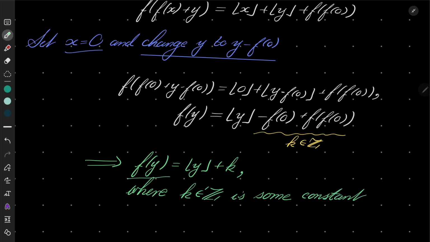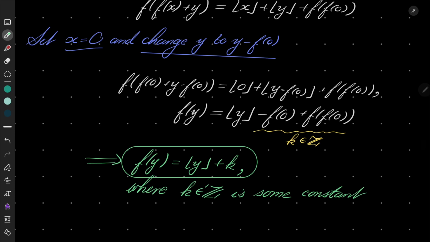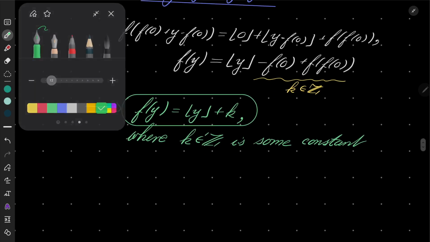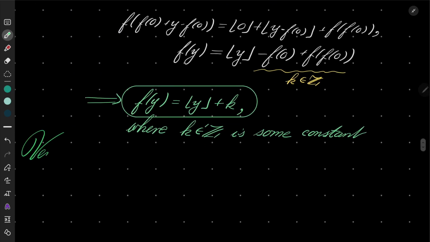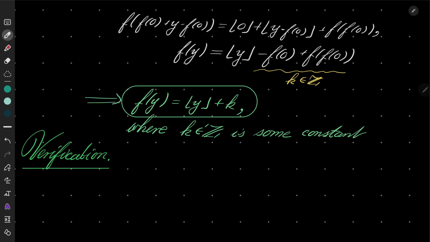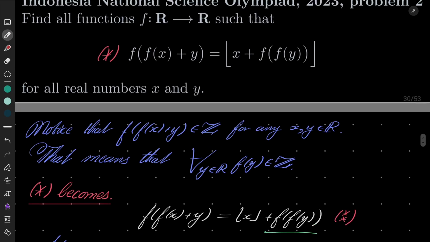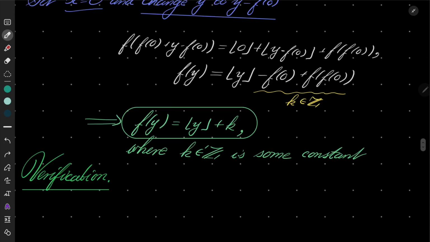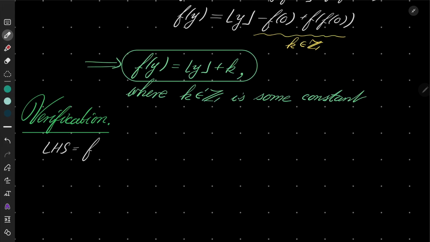So now we know pretty much everything about our function. It's time to verify our result. So verification. Verification step, very important. Now we will take left hand side and right hand side of our very first functional equation. So I will expand both sides. Left hand side was f of x plus y.